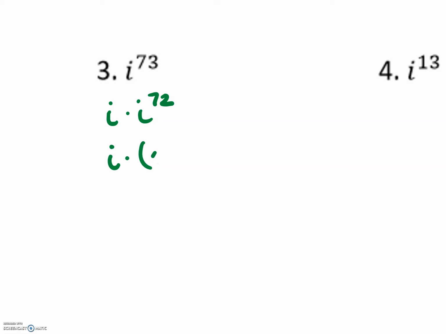I'm going to take i to the 72 and say i squared, half of 72, which is 36. So now we can say, okay, i times, well, I know i squared is negative 1, raised to the 36th power. So what's a negative number raised to the 36th power? It's going to be positive 1. So we're going to have i times 1, which is i.